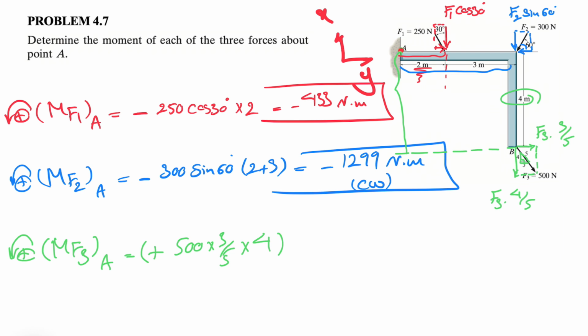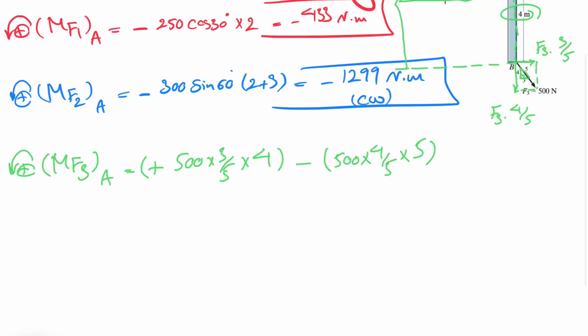And let's move on to the y component. As we can see, the moment is clockwise, so we have a negative sign for that, minus 500 times 4 over 5 times the vertical distance to the line of action. This is the line of action, and we have, again, same thing, 2 plus 3 or 5. And all we need to do in here is to calculate this one.